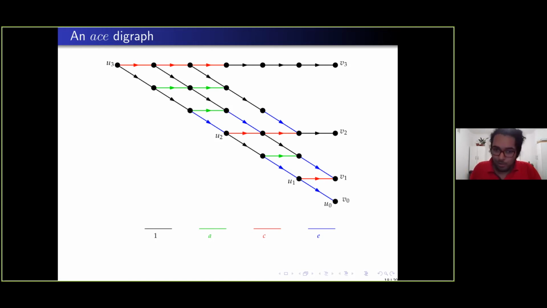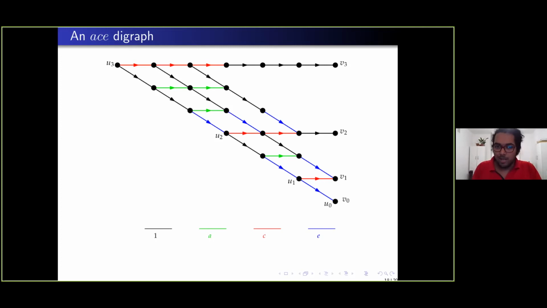And so if we know that the transfer matrix of this digraph is the ACE triangle, we know that the determinants are given by tuples of lattice paths. That shows that the determinant is non-negative, because these determinants are a sum over non-negative stuff.